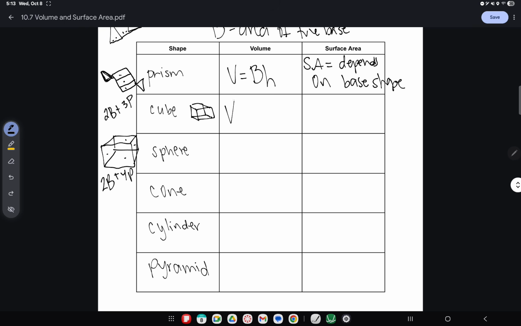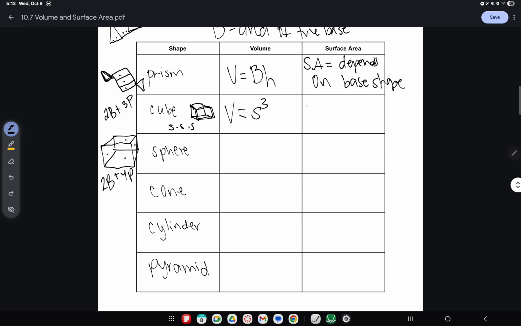So volume of a cube, it's a square prism. So we have the base being a square. So we'd have a side times a side. And then you multiply it by the length, which, because it's a cube, all of it's the same. So side cubed.